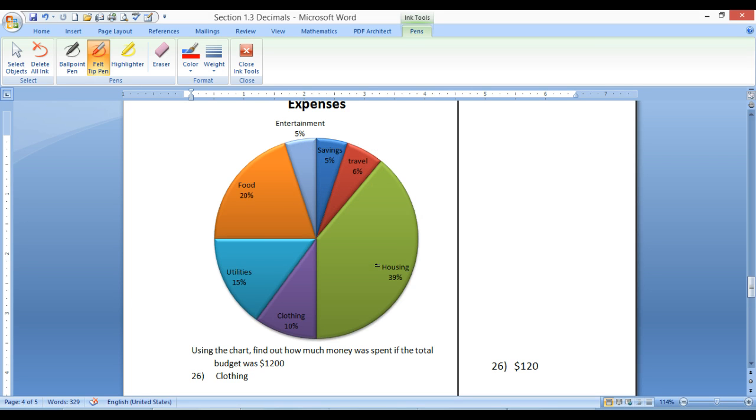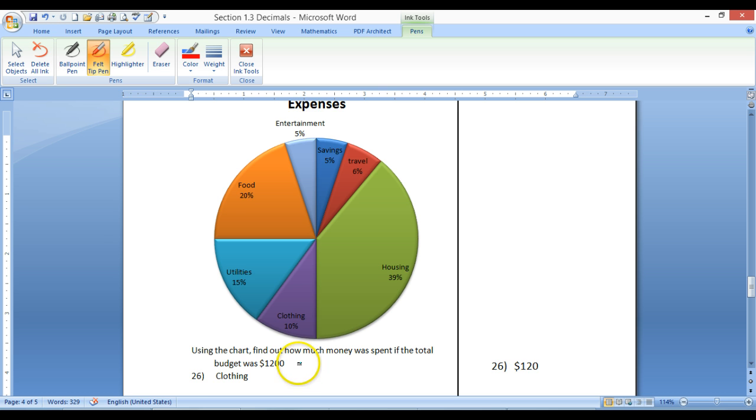Okay, the instructions say using the chart, find out how much money was spent if the total budget was $1,200. So what we want to do is find out clothing. Clothing was 10% of the budget. In math, whenever you hear the word "of" as an operation, it means multiply.